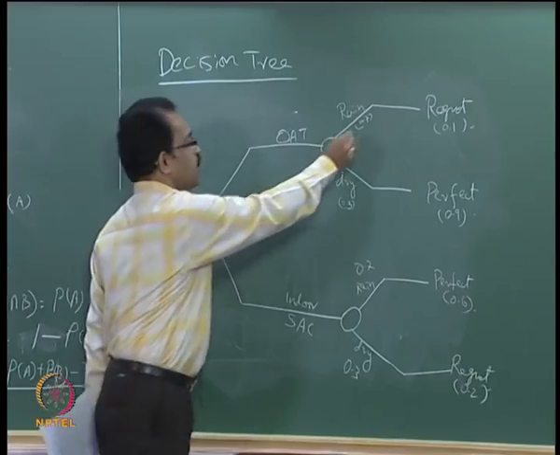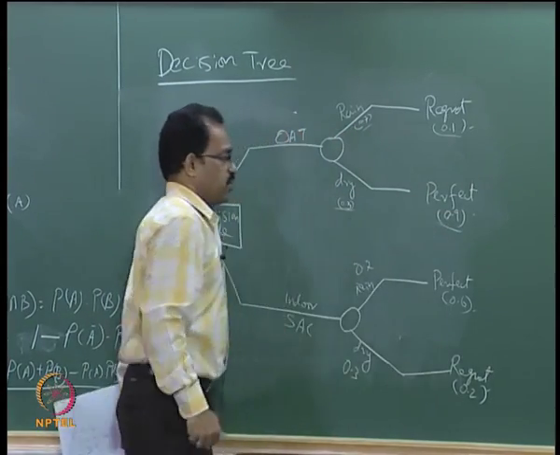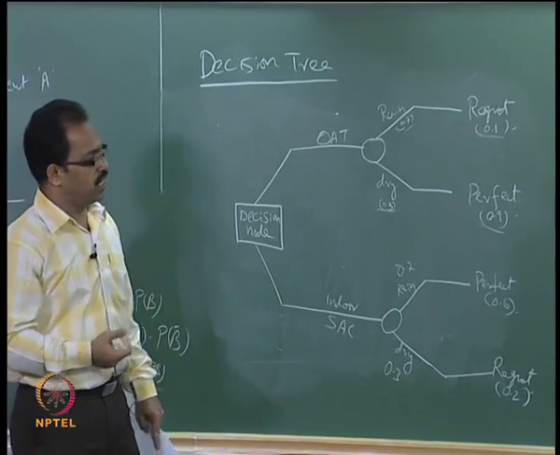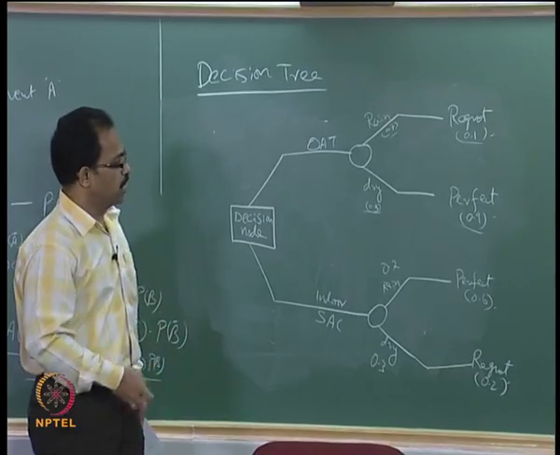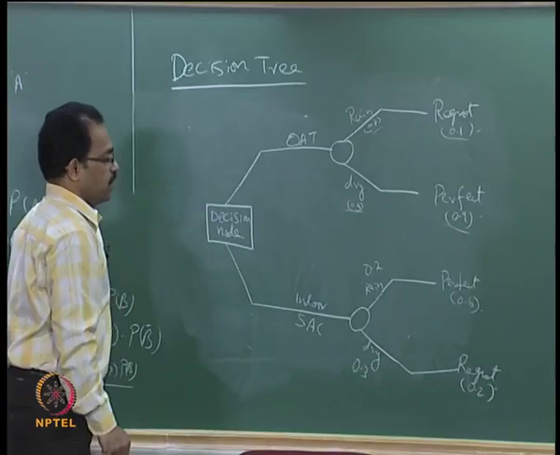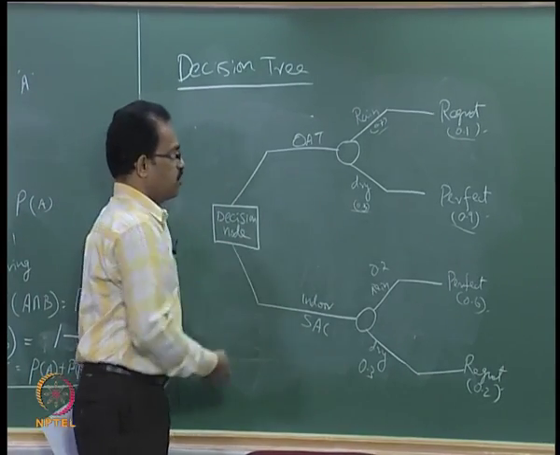Of course these values will change, since they depend on the particular situation as well as the perception of the designer or the person who makes the decision. So the values depend on the decision maker, but whatever these values may be, the principle remains the same.